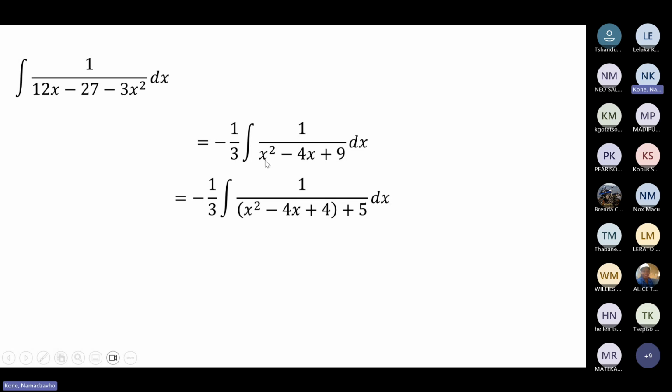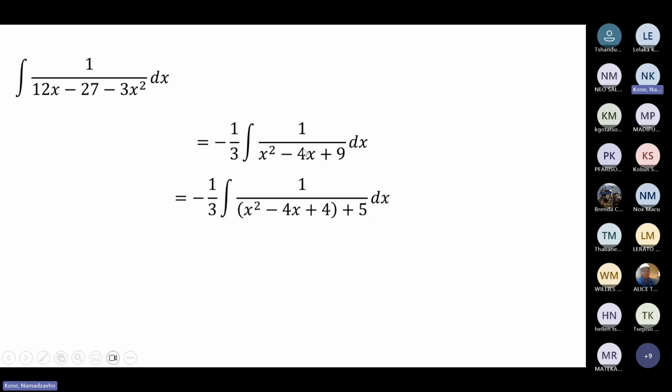Right. When we complete the square, it needs to be completed on these values. X squared minus 4x. The first rule on completing the square says isolate the constant. In this case, our constant is 9. We isolate it. Now what is left is this x squared minus 4x. Then for us to complete the square here, we need to add half the coefficient of x squared, or the square of half the coefficient of x. Now the coefficient of x is -4.